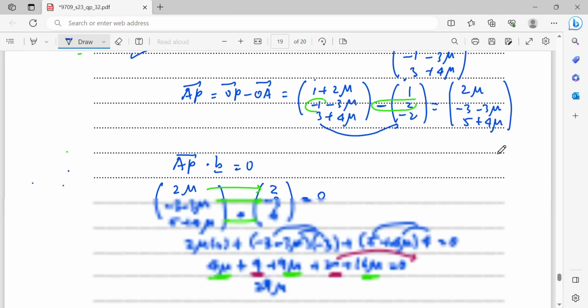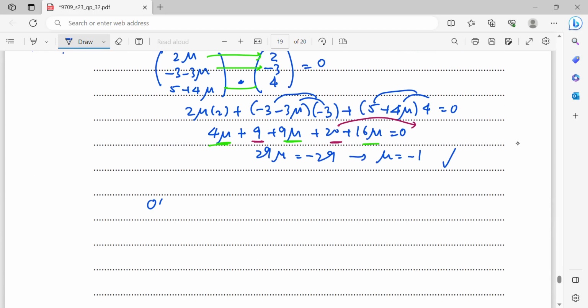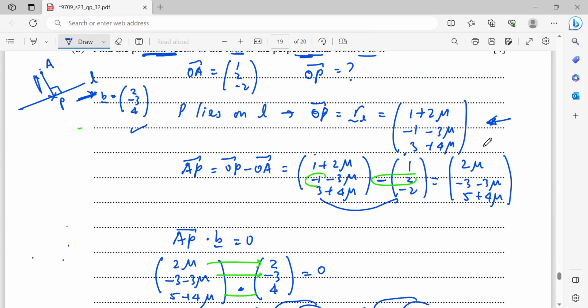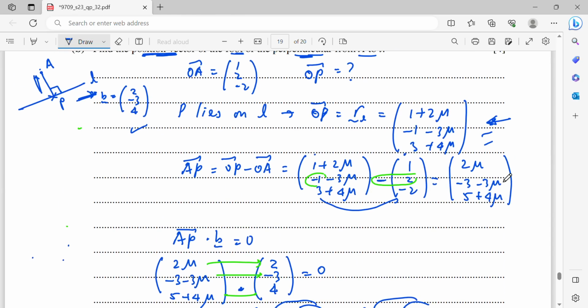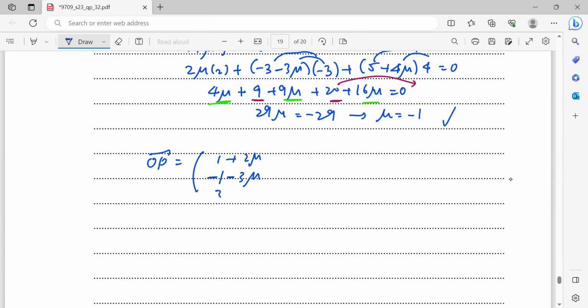So OP equals to 1 plus 2 mu, minus 1 minus 3 mu, 3 plus 4 mu. So replace the mu value, when mu equals to minus 1.